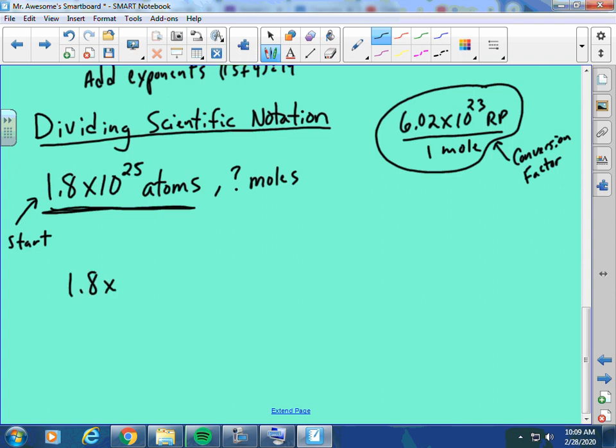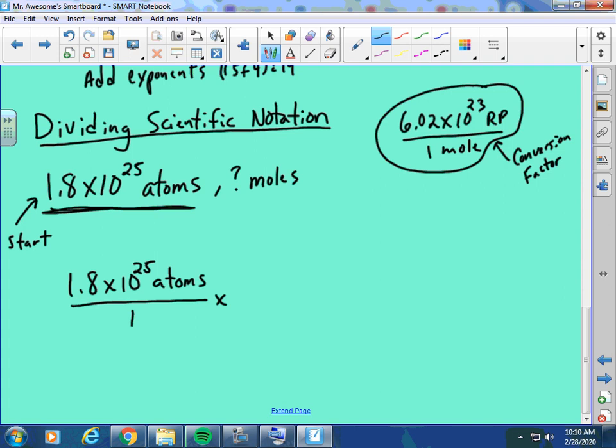1.8 times 10 to the 25th atoms. And a lot of these equations are going to have a top portion and a bottom portion. So what I always like to do at the start is always put it over 1, and then I write times.